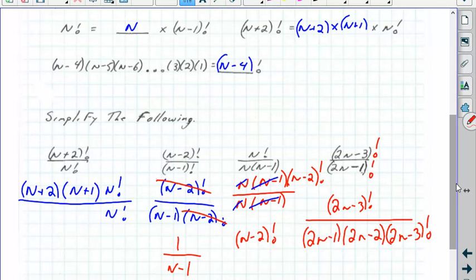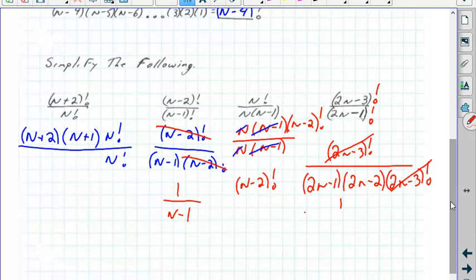I keep taking 1 off. Again, I notice that those guys will cancel off. We're left with 1 over 2n minus 1, 2n minus 2, which we could expand if part of the question is asking for it.